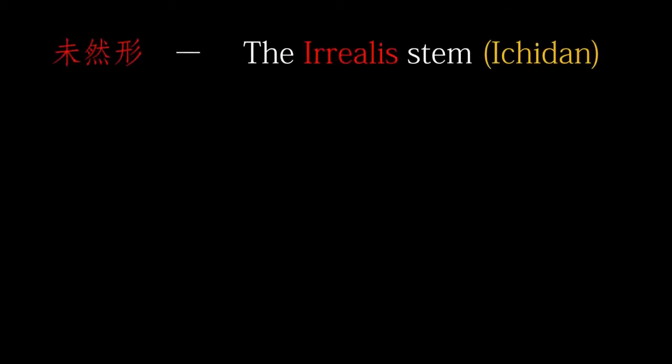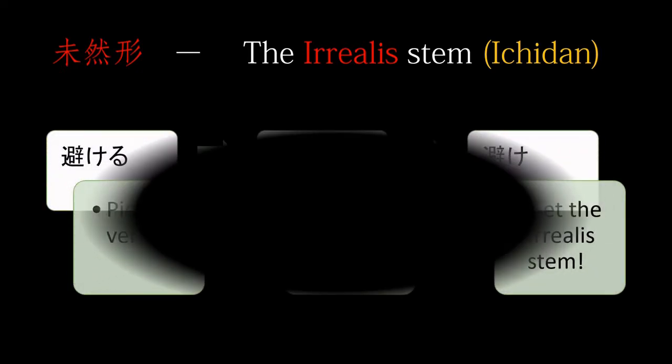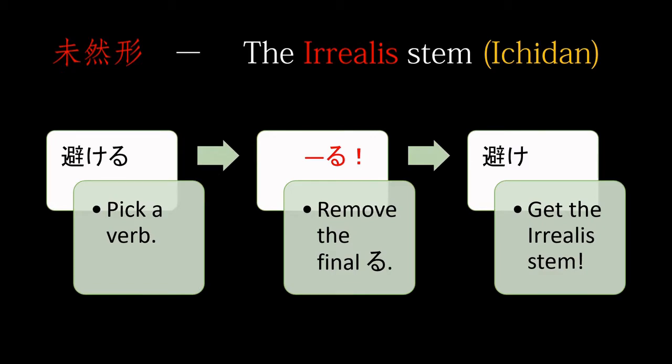And on that note, let's visit the first stem, the Irrealis stem for our Ichidan verbs. As you can see, it's fairly simple to make it. First, pick an Ichidan verb from your dictionary. I picked sakeru, meaning to avoid, and this verb will be used in all Ichidan stem formation examples.